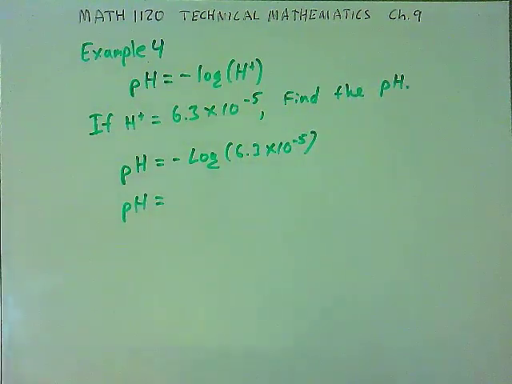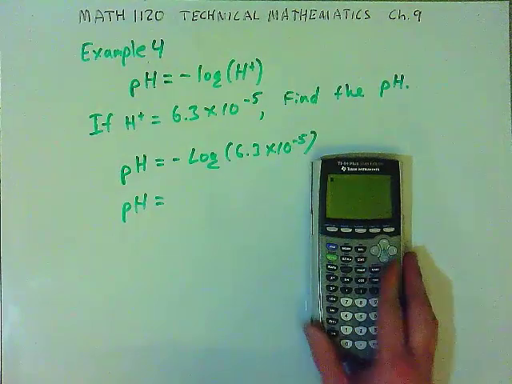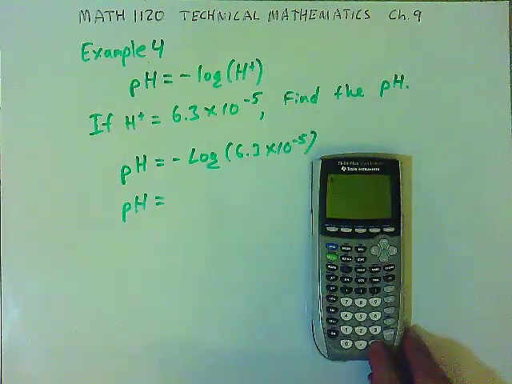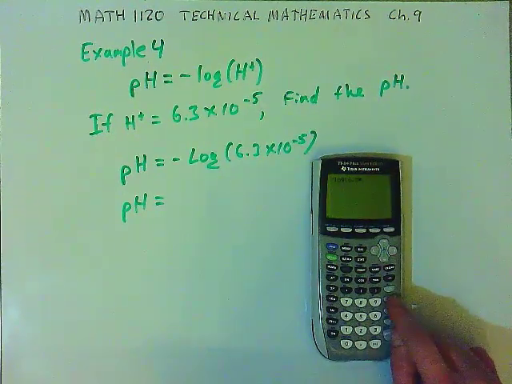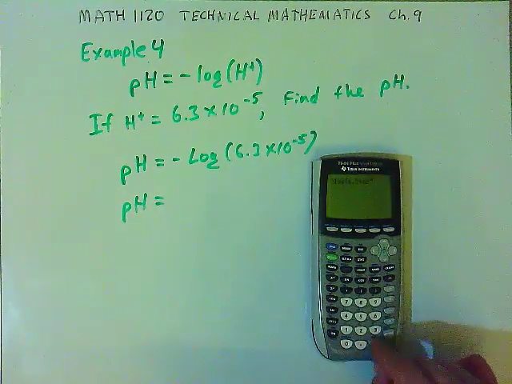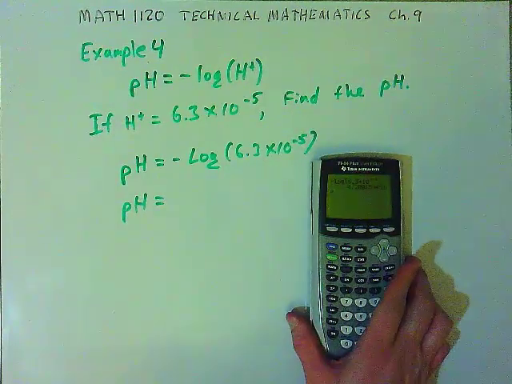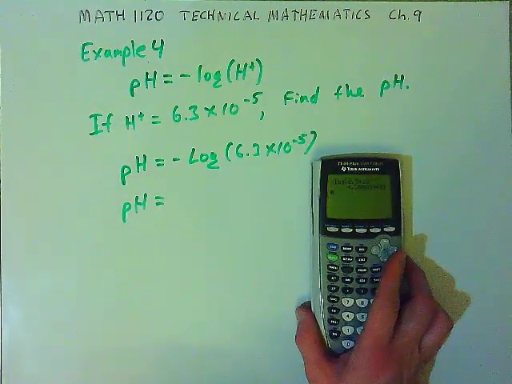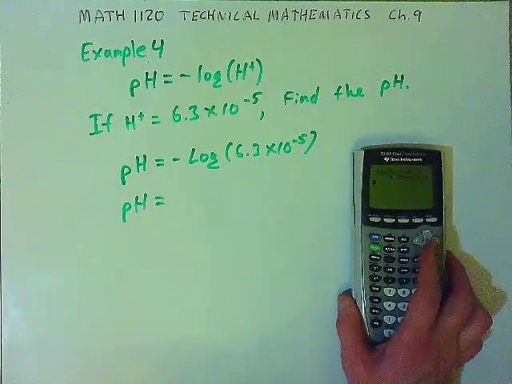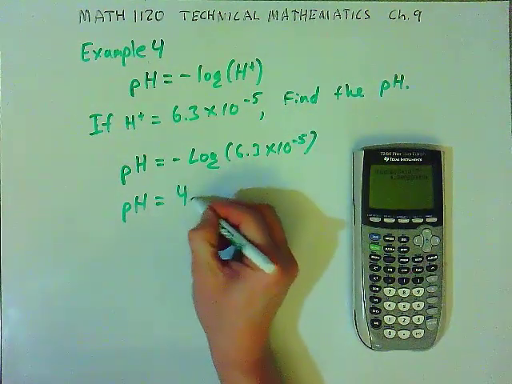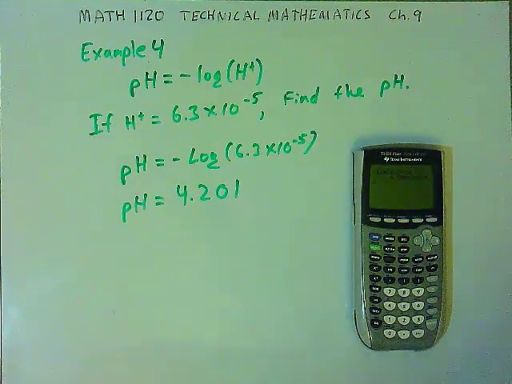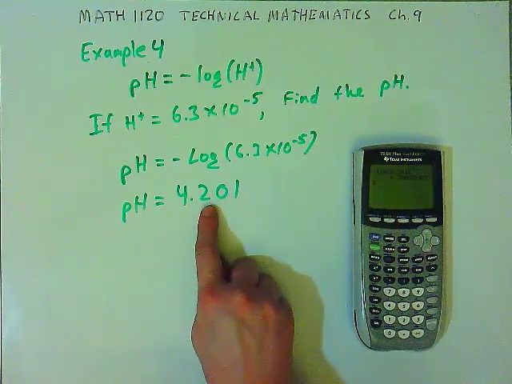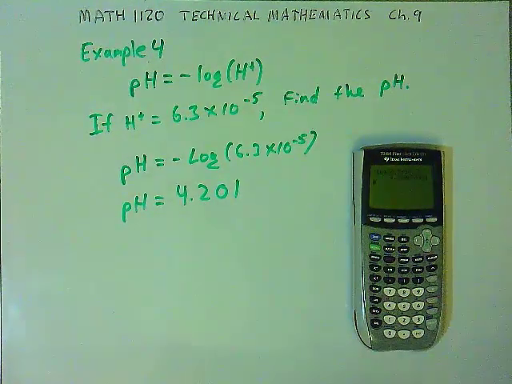We'll type in negative logarithm of 6.3 times 10 to the negative 5th power, and we get 4.201. And so the pH is going to be 4.201. The book says to round to just 2 significant figures or 1 decimal place, which would be 4.2.